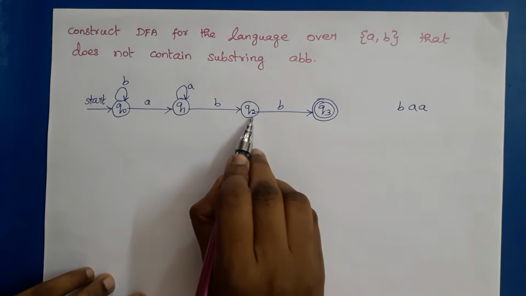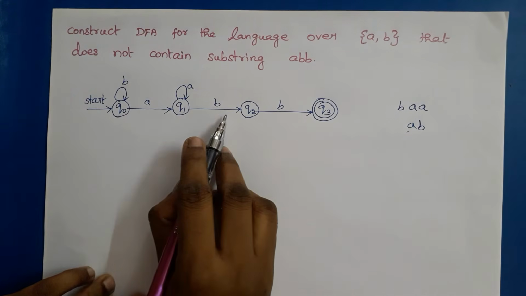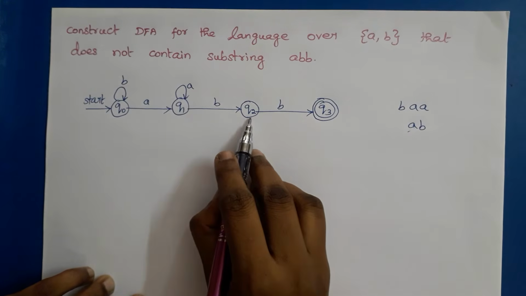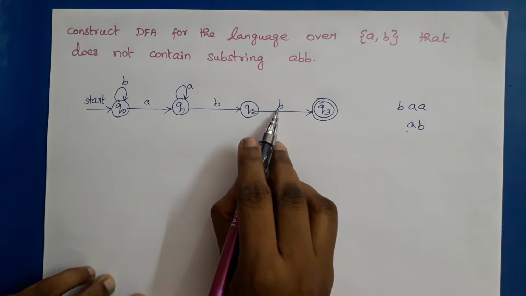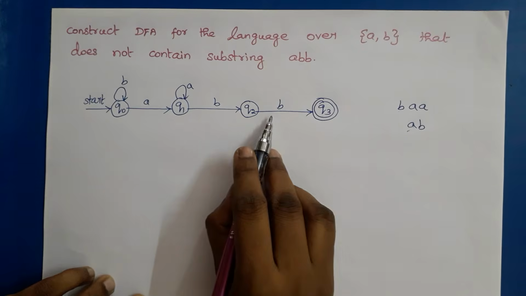Similarly, we will be in state Q2 after recognizing the substring AB. If B is the next input, then we can reach the final state because our input has the substring ABB.